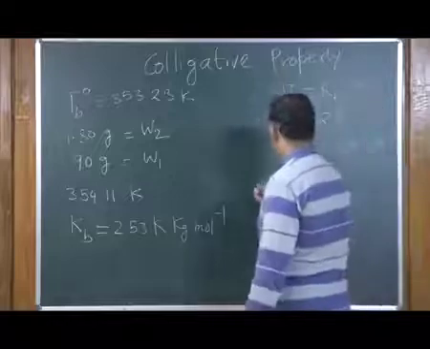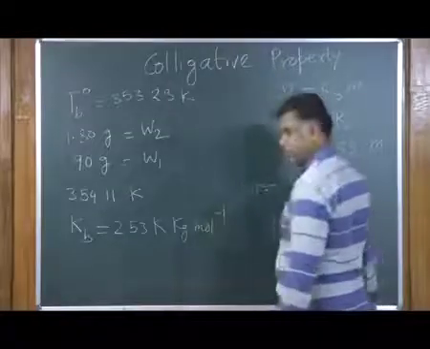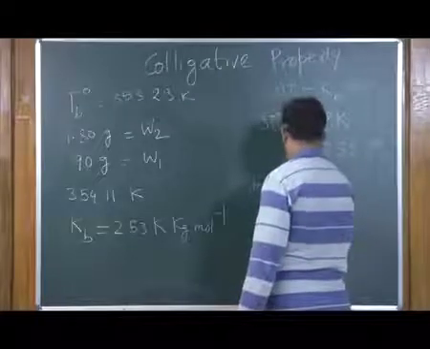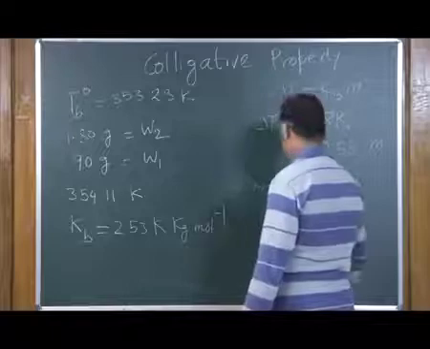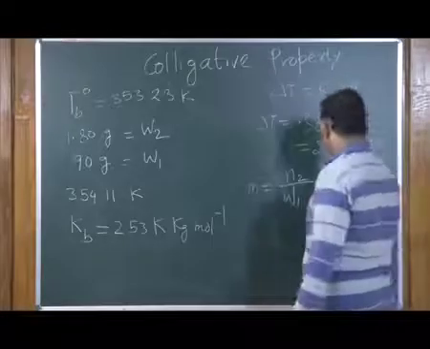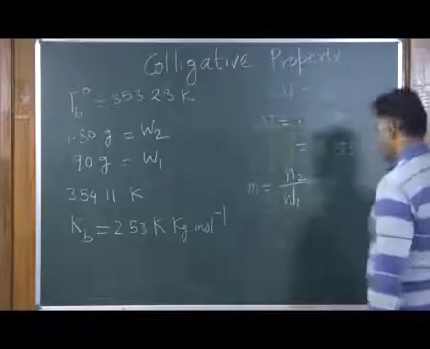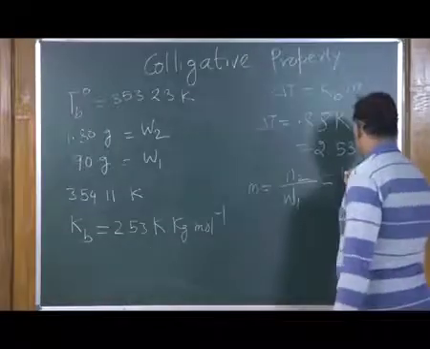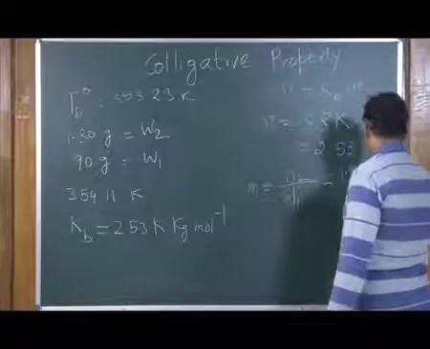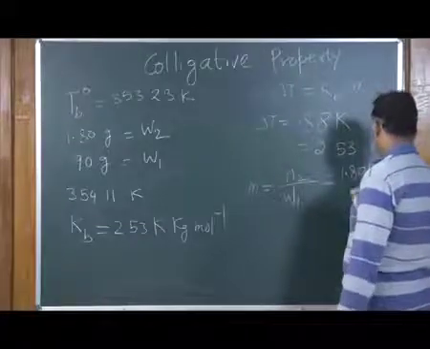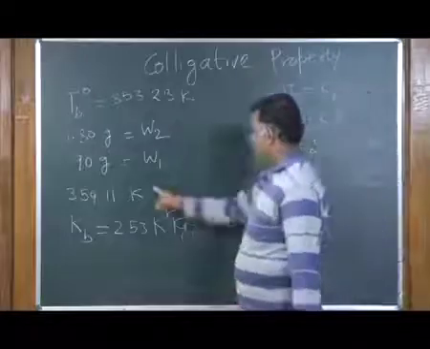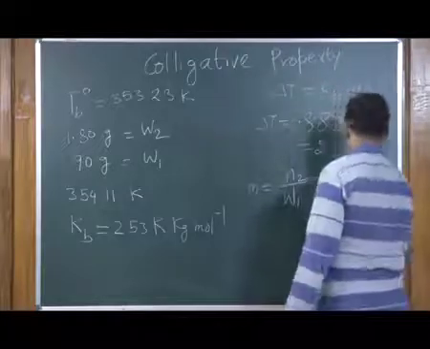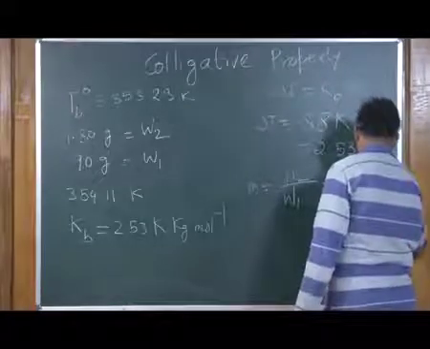Now, to calculate molality, the definition of molality is moles of solute divided by weight of solvent in kg. To calculate the moles of solute, we know the weight of the solute, which is 1.80 gram, divided by the molecular weight of the solute, divided by the weight of solvent, which is 90 gram, but we have to use that in kg, so divide by 1000.